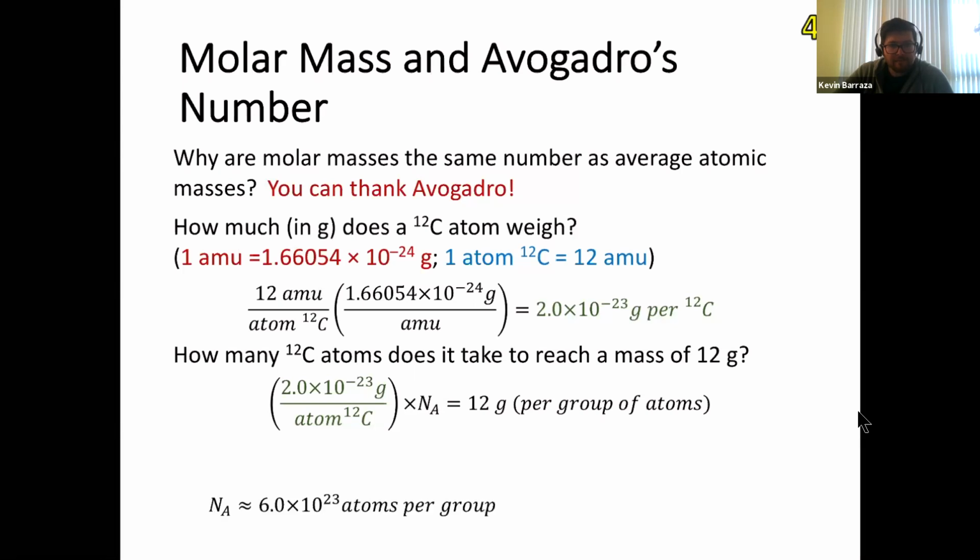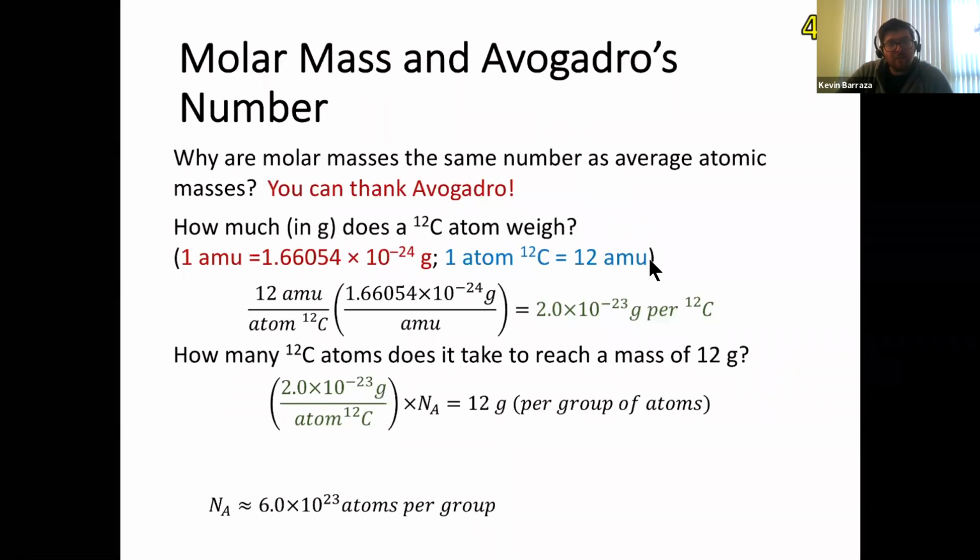When I do that, I get that it will take 6.0 times 10 to the 23 atoms as a collective group to weigh 12 grams. Why did I pick 12? Because 12 is a really nice number, since it's already underneath carbon on the periodic table.